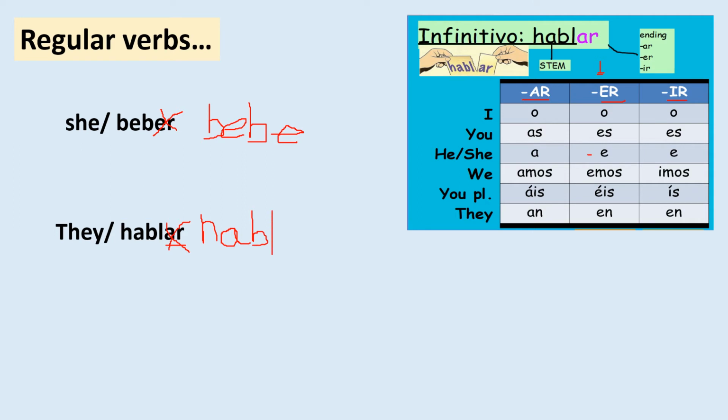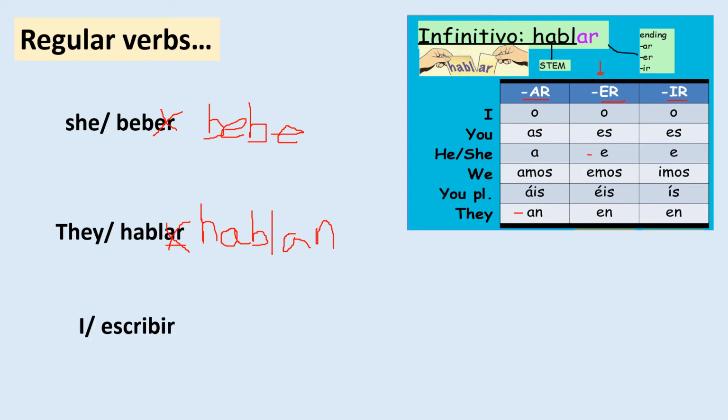Now I need to find in the right column the ending for they. So I'm going to the -AR column and I look for the they ending, which is -an. So I'm going to add -an to my stem, and I am left with hablan, they speak.